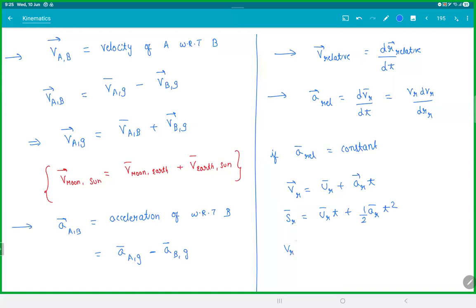V relative squared minus u relative squared is 2 a relative s relative. All clear with this? Any doubts on this? Once you subtract that velocity, then it's regular kinematics only. Any doubt so far? Idea is clear.